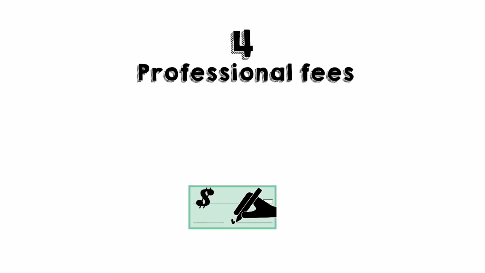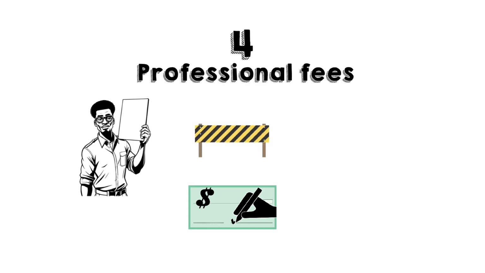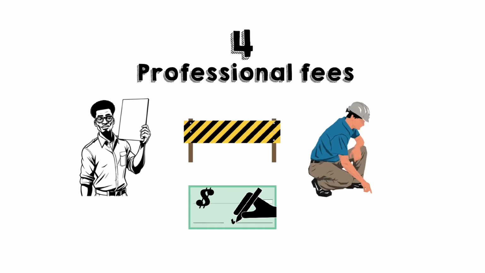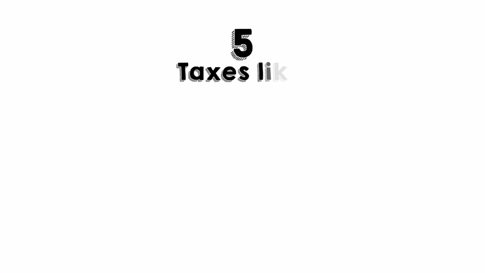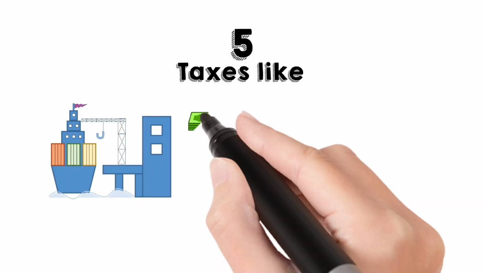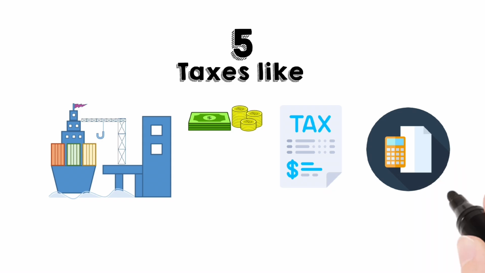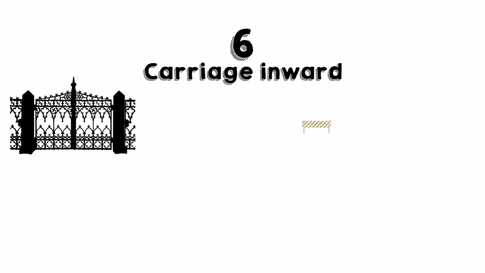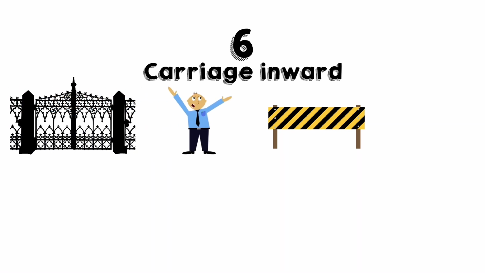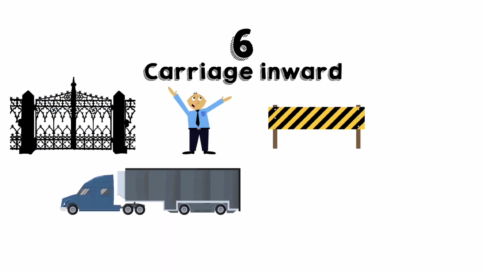Number 4, professional fees, like fees of architects and engineers. Number 5, taxes, like import duties, value-added tax (VAT), etc. Number 6, carriage inward, transportation charges for bringing the assets to site.